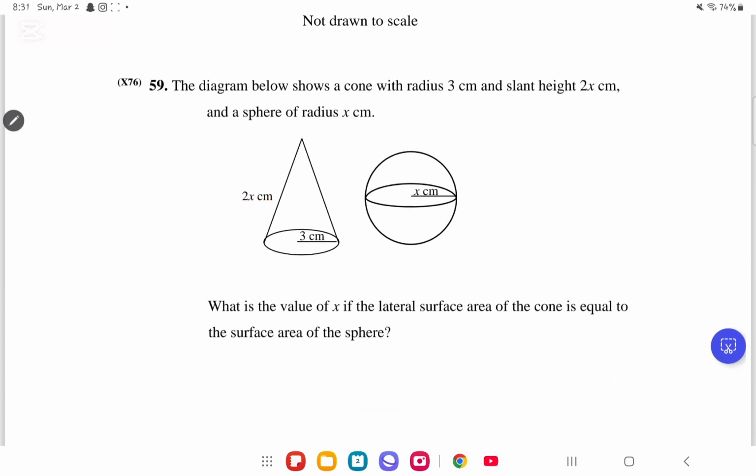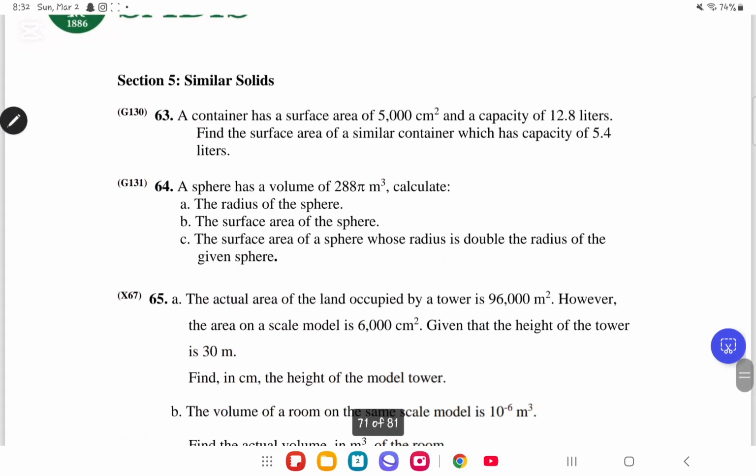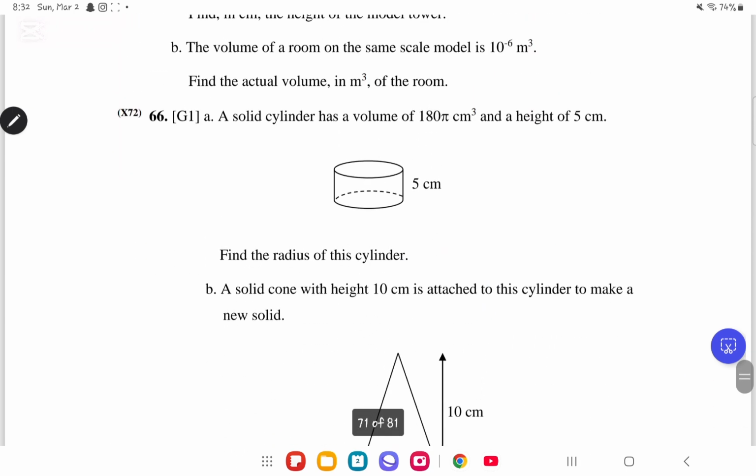We will move on to the next question, which is question number 66. Here we go. A solid cylinder has a volume of 180 pi centimeters cubed and a height of 5 centimeters. So, they need us to find the radius of this cylinder.